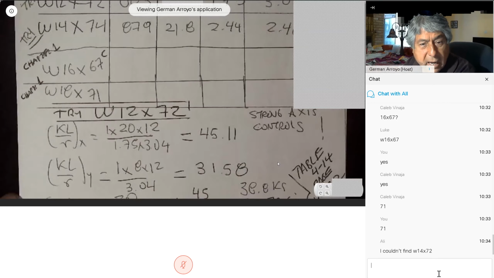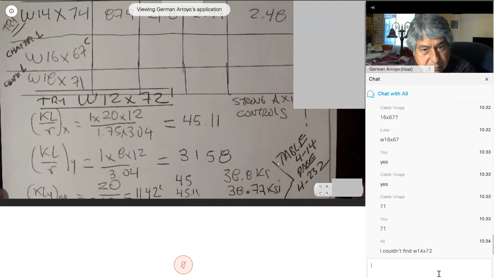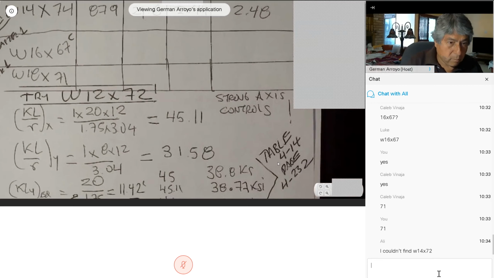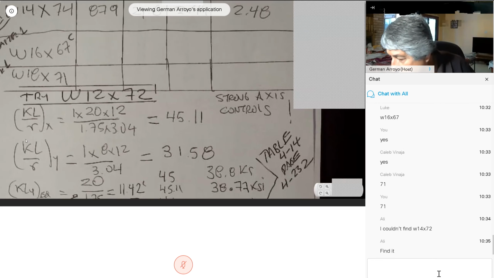And this is what I had done in here. I'm trying a W12 by 72. I had to check, we don't know if the weak or the strong axis controls.